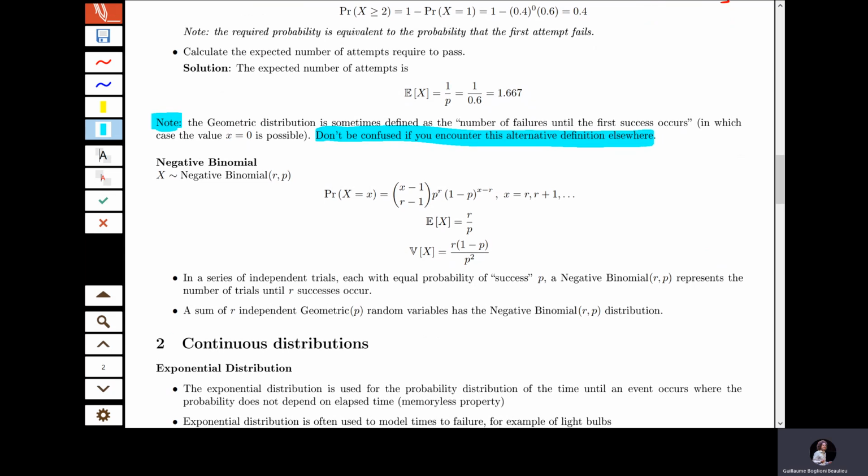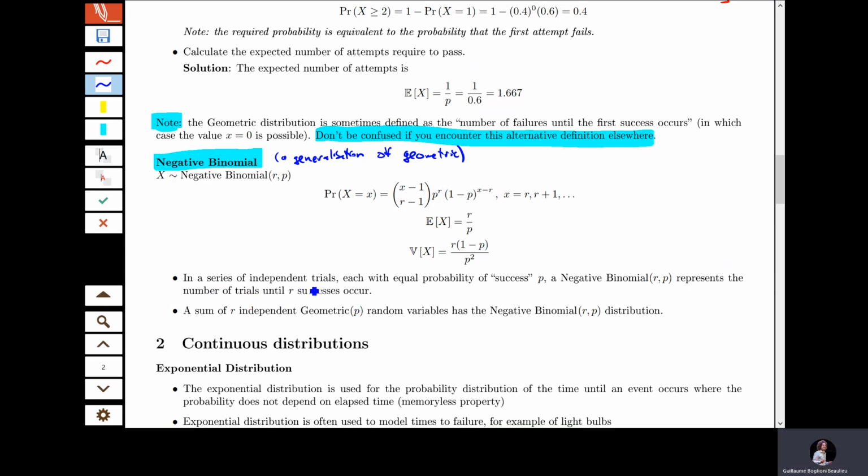Now for the negative binomial, it is in fact, if you will, a generalization of the geometric. In what sense? Well, let's just read the interpretation.